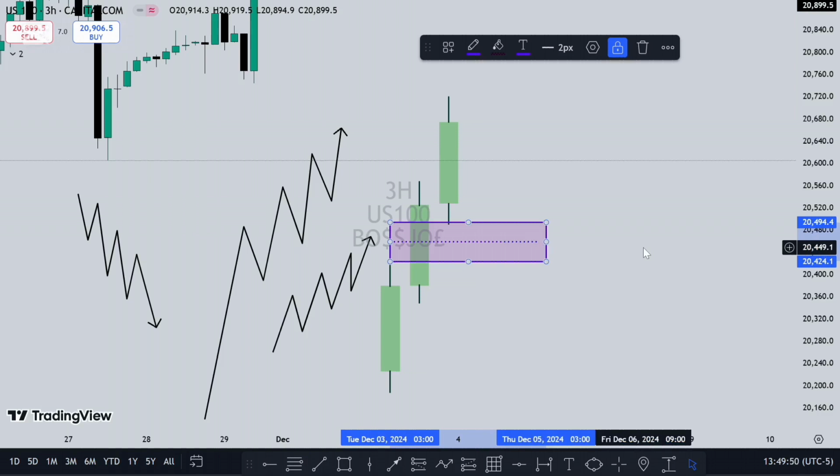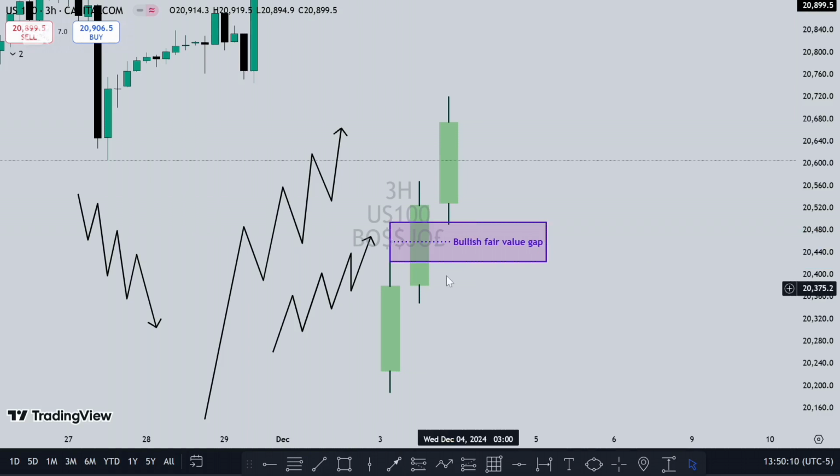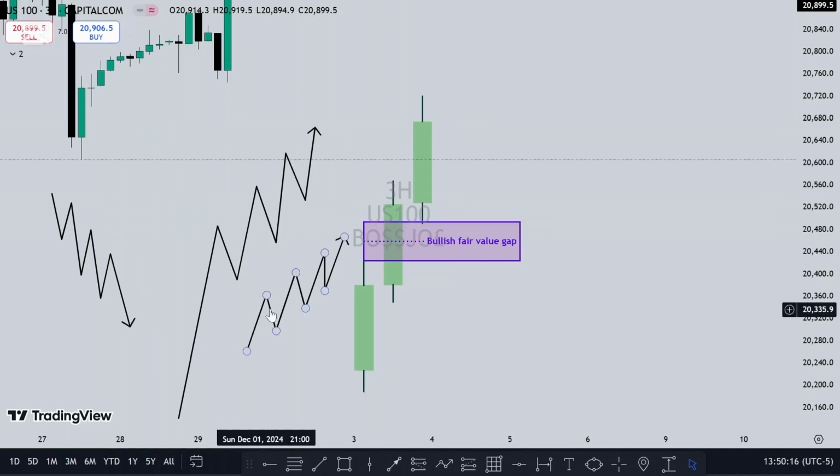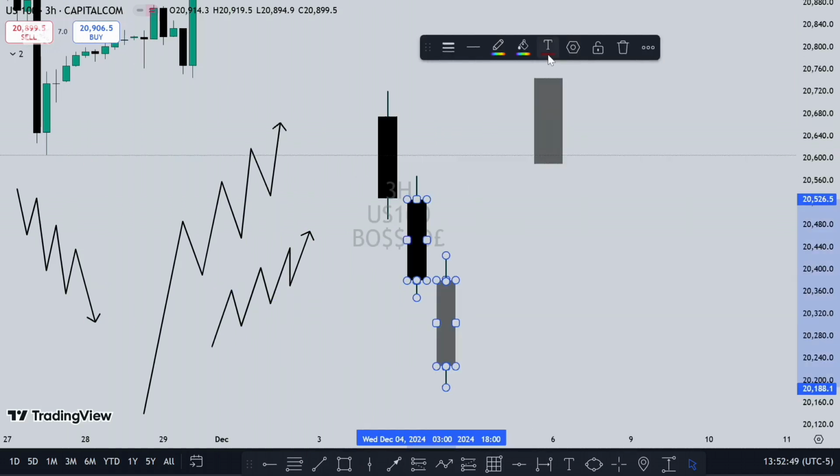We type bullish fair value gap, right? So this is an example of a bullish fair value gap, when price is making a higher high, higher low, and this occurs. This is a bullish fair value gap.